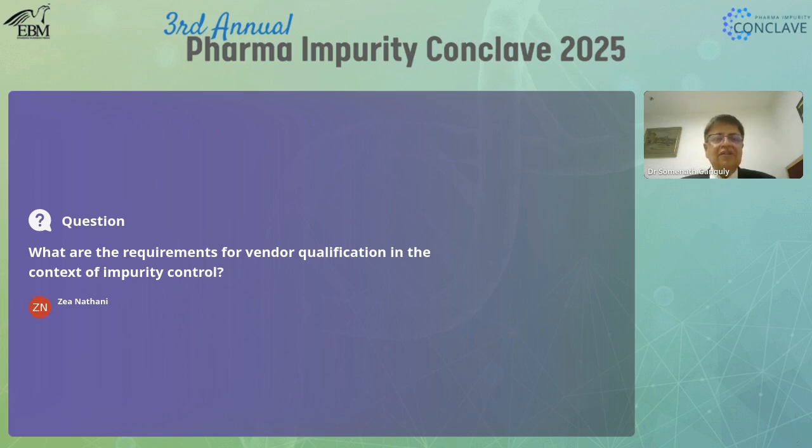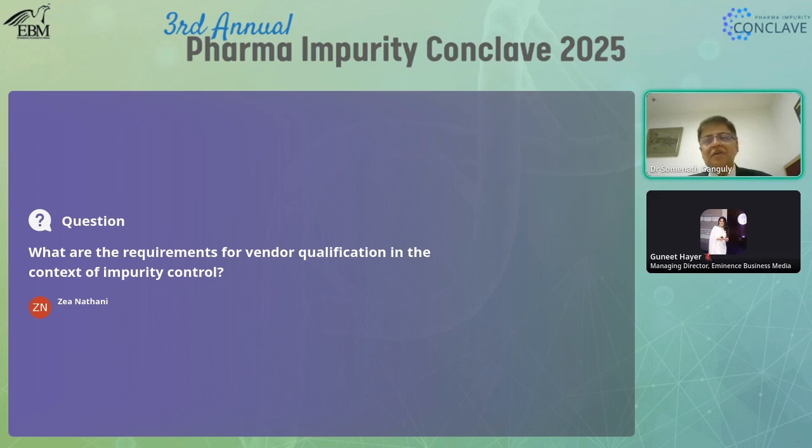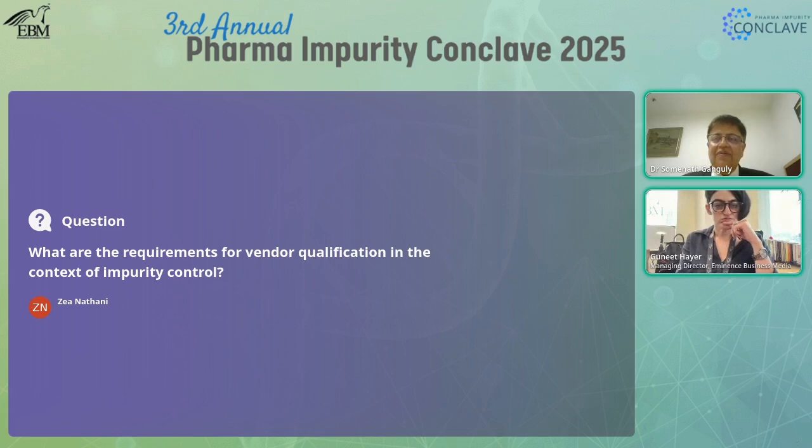When vendor qualification means impurity control, the impurity specification is the same for the vendor also. Suppose the vendor is an API vendor, an excipient vendor, or a raw material provider.